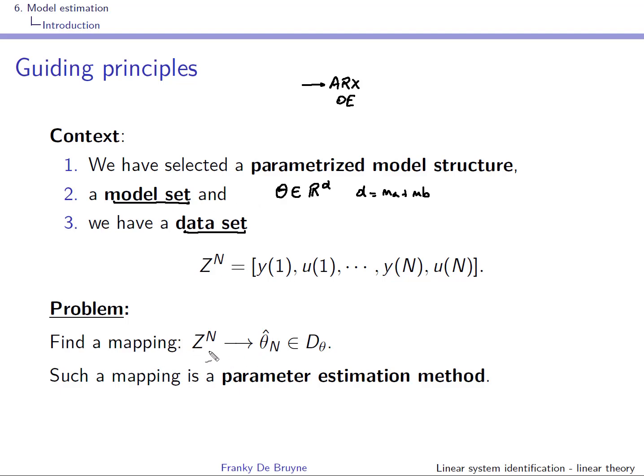Such a mapping from data to an estimate is called a parameter estimation method, and in this course we'll focus on prediction error methods, although there are other methods available in the literature, but they cannot be taught in a 15-hour course.